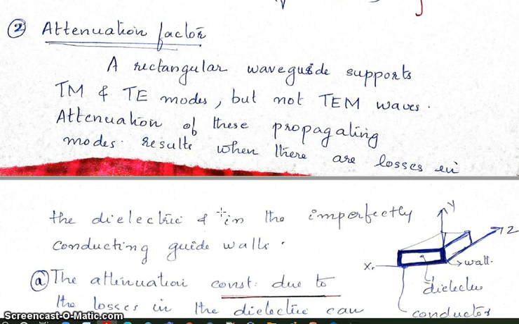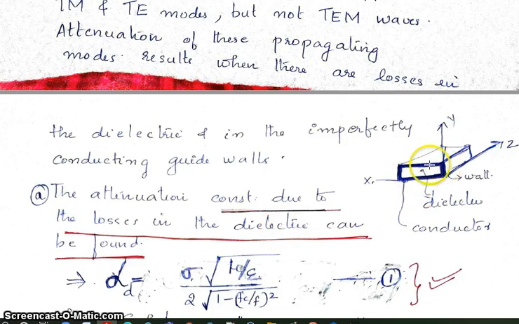Next is the attenuation factor. The electromagnetic wave propagating through a waveguide will suffer attenuation to a certain extent. It suffers attenuation mainly due to the dielectric medium and due to the imperfectly conducting guided walls. Here you can see the structure of a rectangular waveguide.